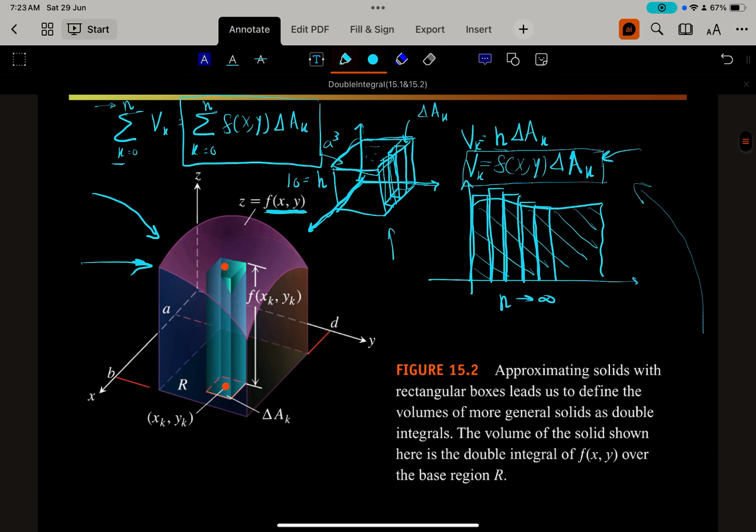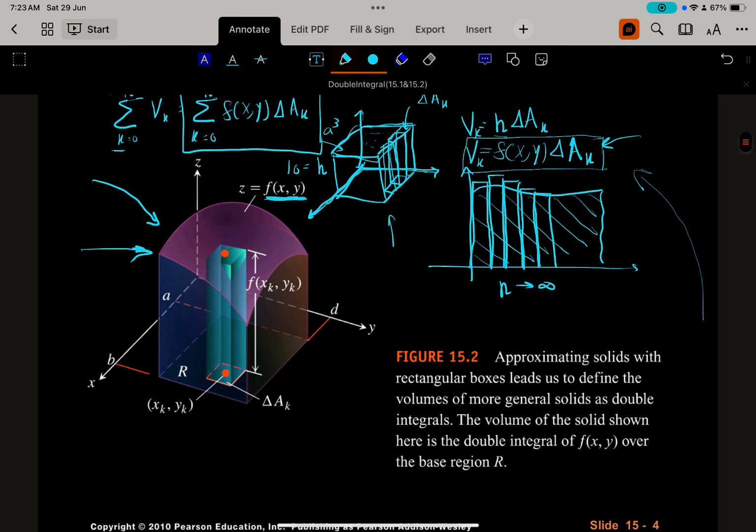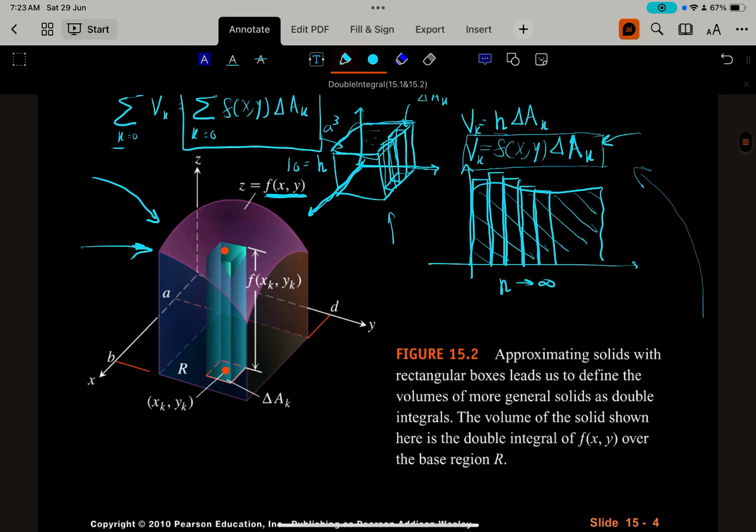Now let's take this solid that we skipped for a bit. If we wanted to approximate the box at point k, first you would need the value of the function, the height of the box at the point x equals xk and yk.